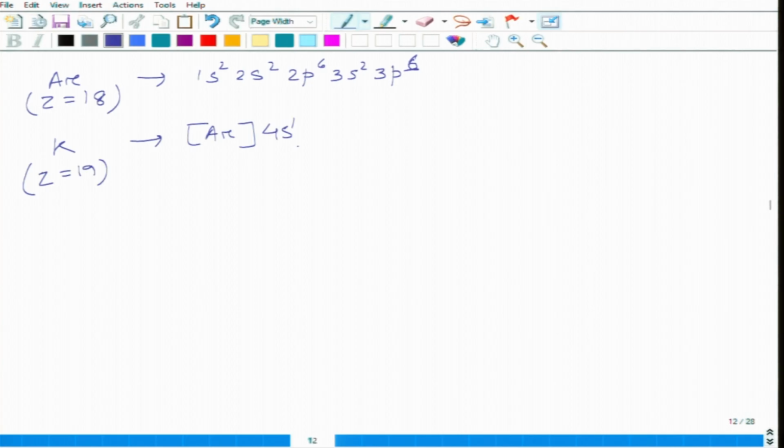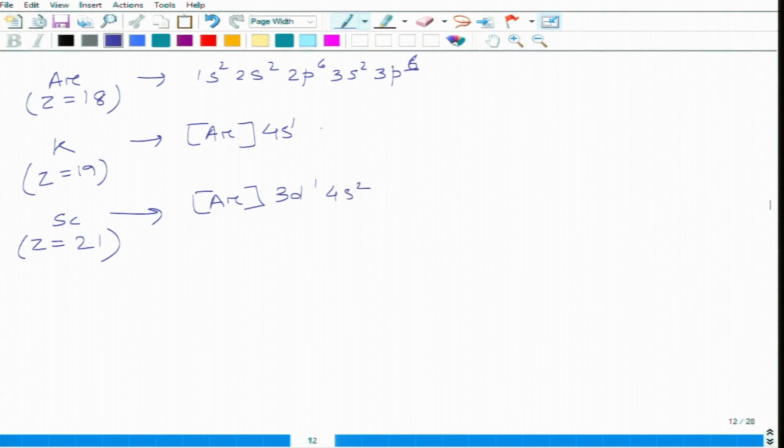Till now we had discussed only s and p subshells. Now the d subshell comes from scandium with atomic number 21. This will have a configuration of argon 3d1 4s2.